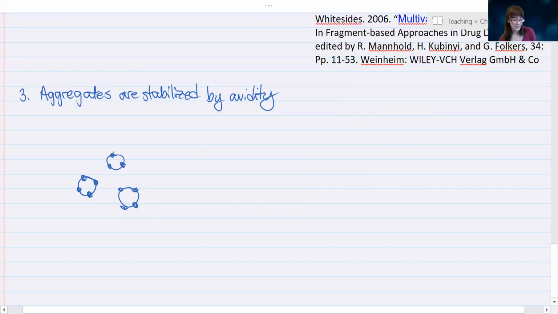So this now could be bridged by a single antibody, and that could happen all over the place.